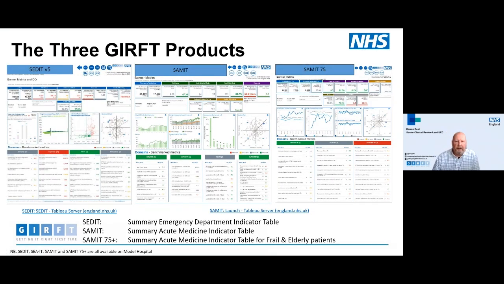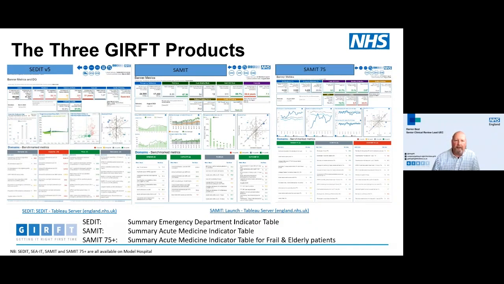So in front of you, we've got the 3 products within the GIRFT portfolio. As you can see straight away, there is a similarity between all 3 platforms. That allows you to walk and talk through any of the platforms with ease. On the left-hand side there, we've got the SEDIT, which is a platform that's showing the emergency department of your trust.